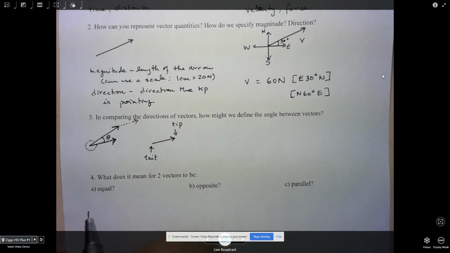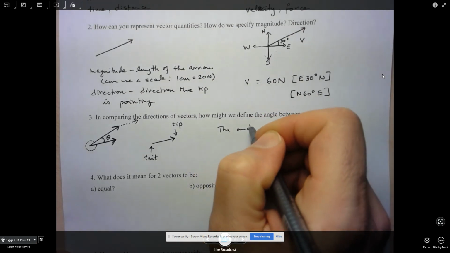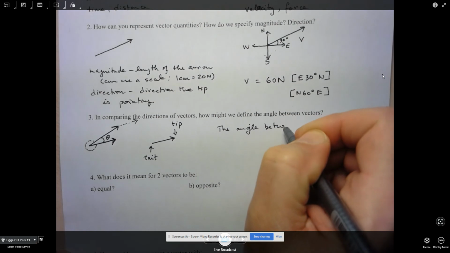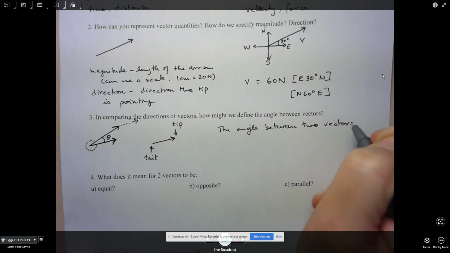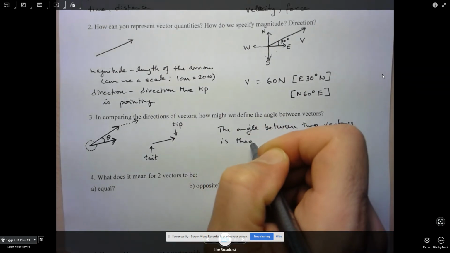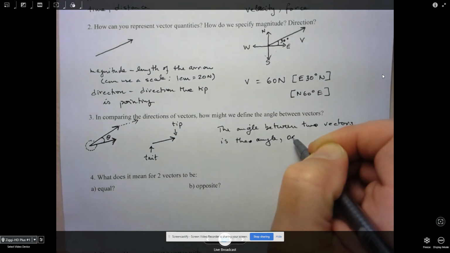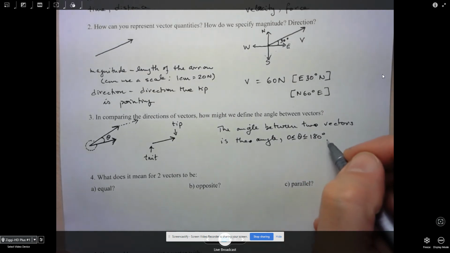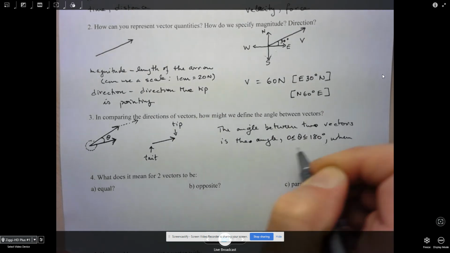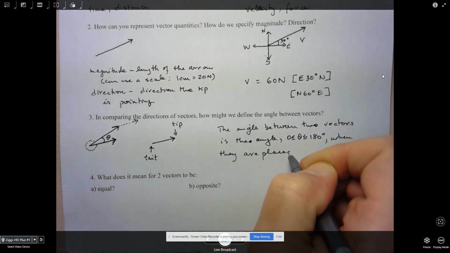Not surprisingly, we choose the smaller one. So the angle between two vectors is the angle, specifically between 0 and 180 degrees, when they are placed tail to tail.